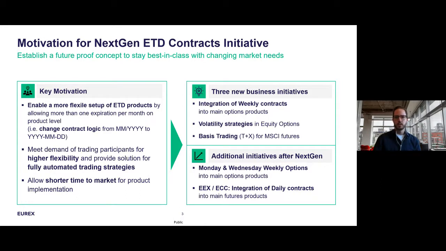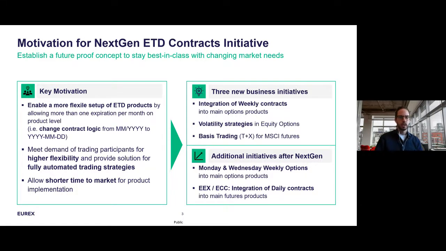Afterwards, Thomas will present the introduction approach on the initiatives and how the weekly options will be integrated into the main products. Last but not least, we have a Q&A session. Cora just mentioned already, please use the chat functionality to raise your questions, and then we're happy to discuss them.